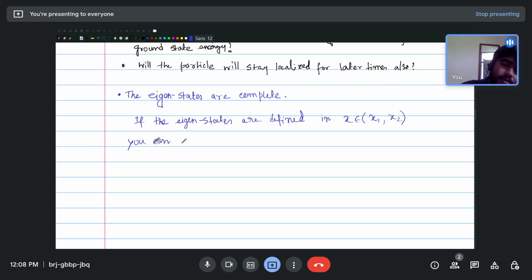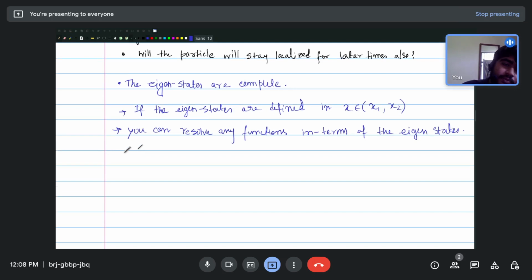resolve any square integrable function, or let's say any function, in terms of the eigenstates, with x belonging to x1 to x2.